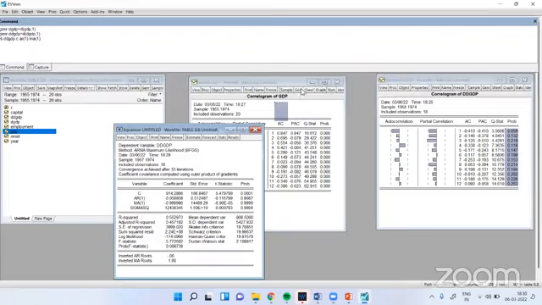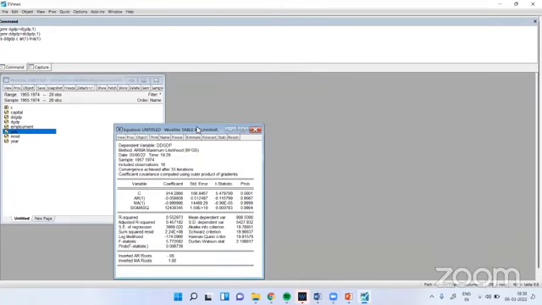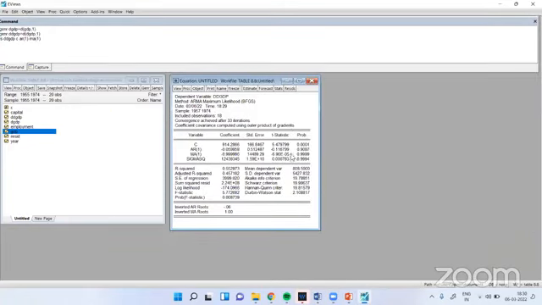Now close this window and just see the values of P. If these values are more than 0.05, these terms are not significant. I repeat again, if these values are more than 0.05, they are not at all significant. They are not contributing anything.